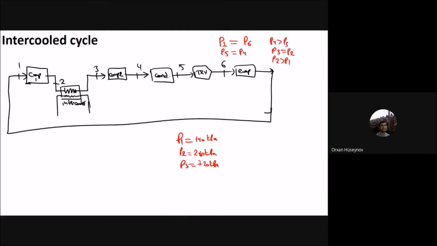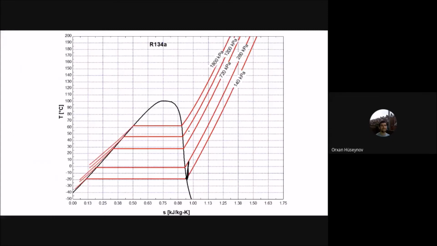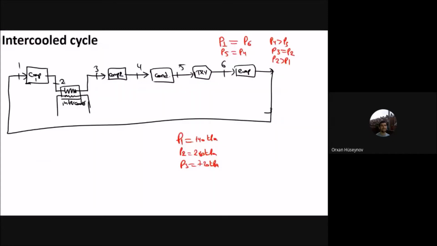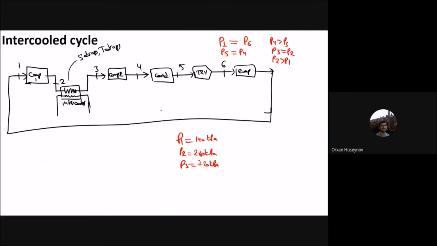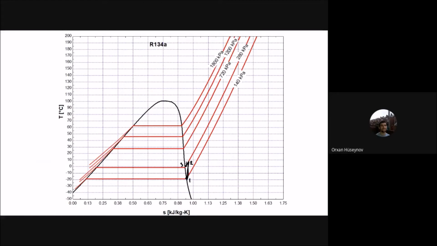Okay. Then I will have the intercooling here. The intercooling effect means that from 2 to 3 is intercooling, and the entropy S drops. So you have the T drops. Temperature and entropy drop. You will go in that direction here. Say that it will be 0.2, and it is 0.1, it is 0.3 here, and then I will move to the second compressor, which goes from 3 to 4.